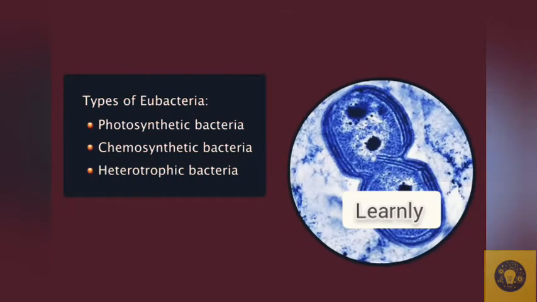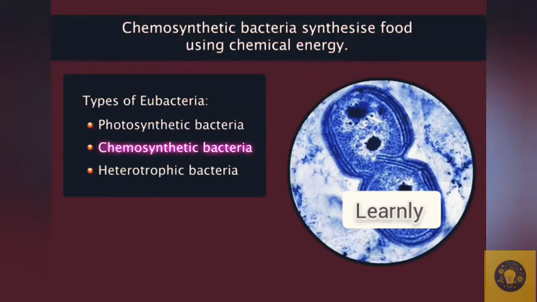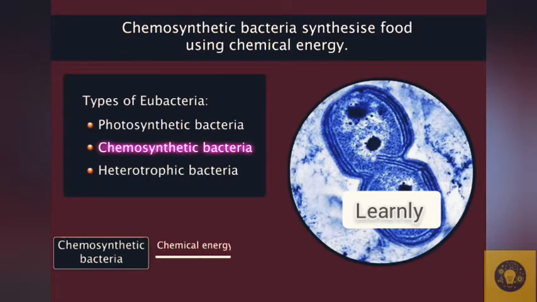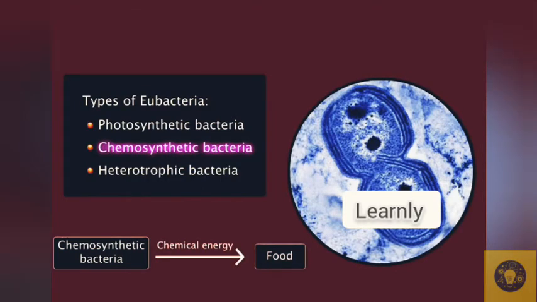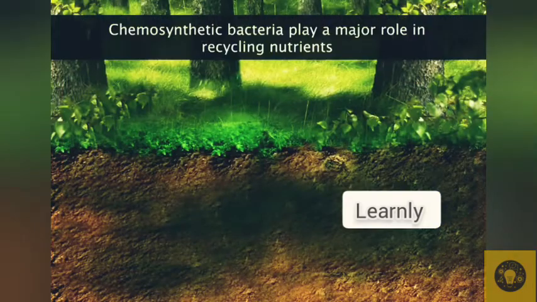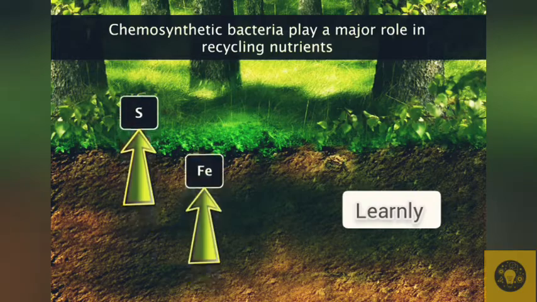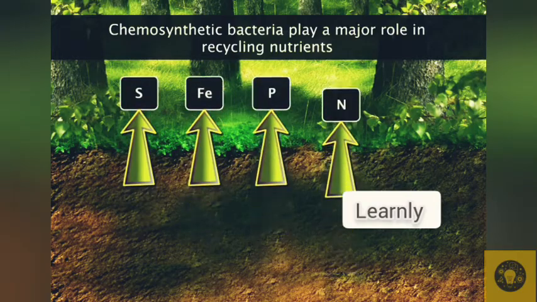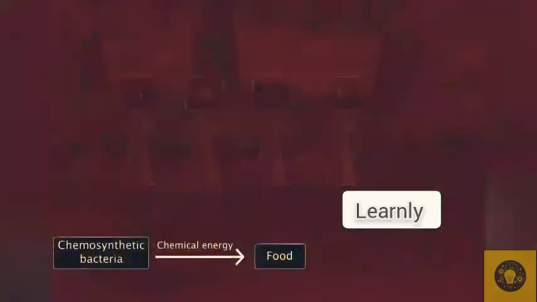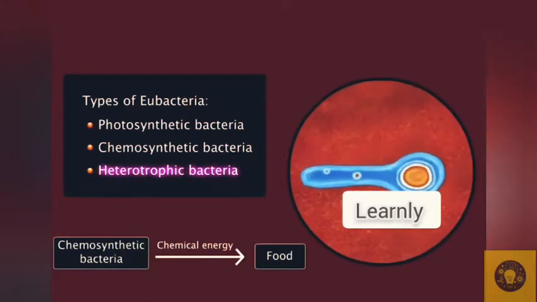The next type of eubacteria is the chemosynthetic bacteria, which synthesize food using chemical energy. These bacteria play a major role in recycling nutrients such as sulfur, iron, phosphorus, and nitrogen. Heterotrophic bacteria are mostly decomposers.